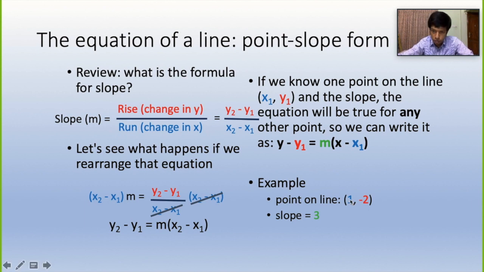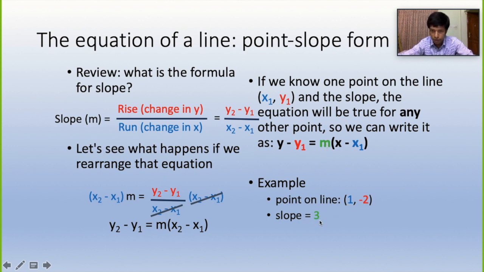Look at this. Notice that this is the x value and this is the y value. In an ordered pair, the first value is x and the second value is y. We can consider that this is x1 and this is y1, because this x and y will remain in our equation. So this is x1, this is y1, and this is the slope, the value of m.